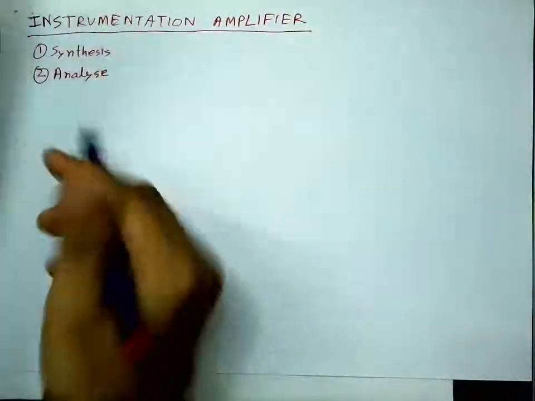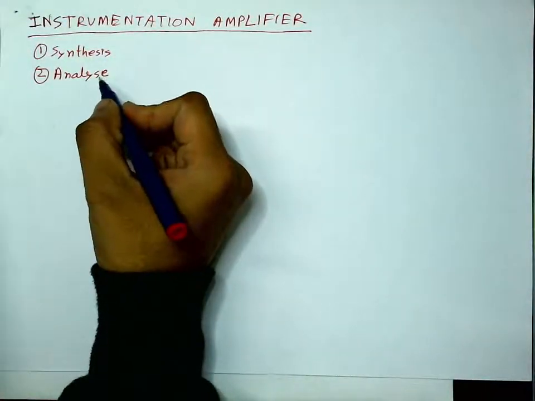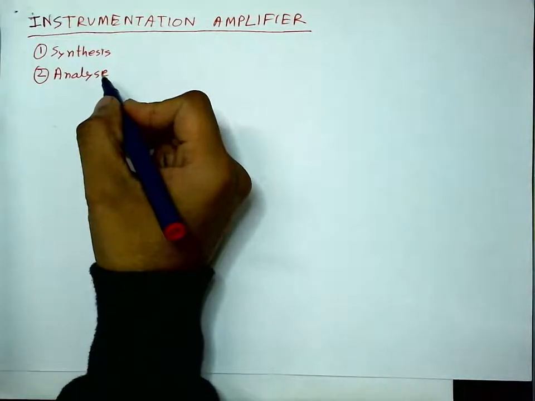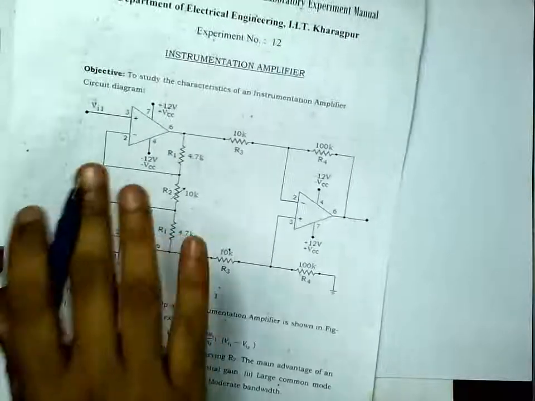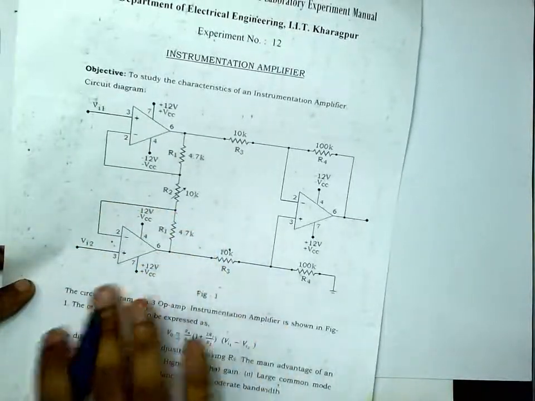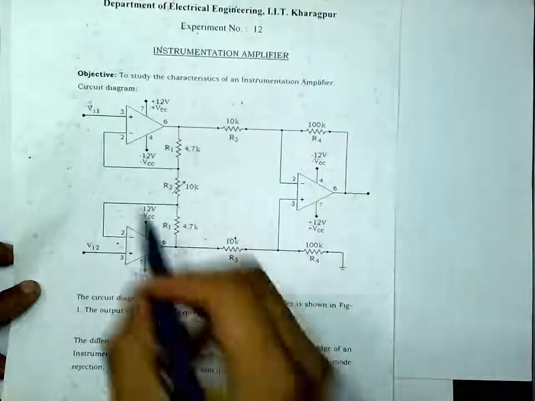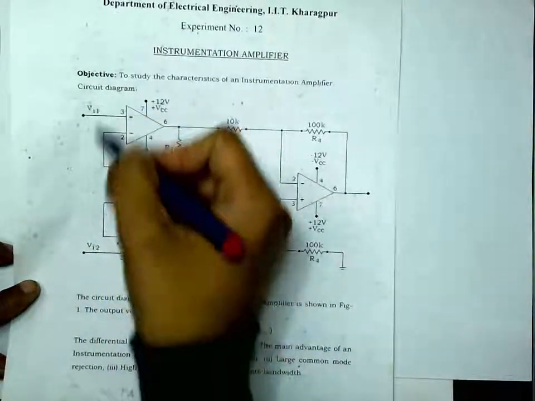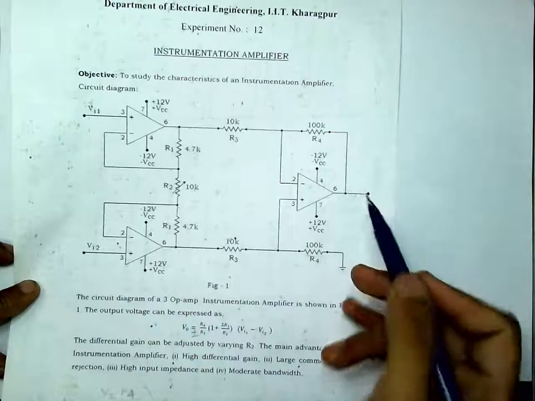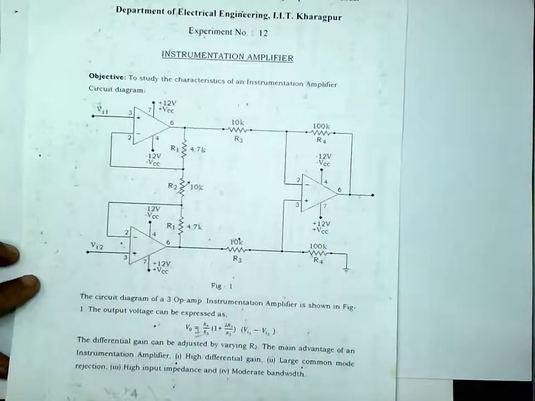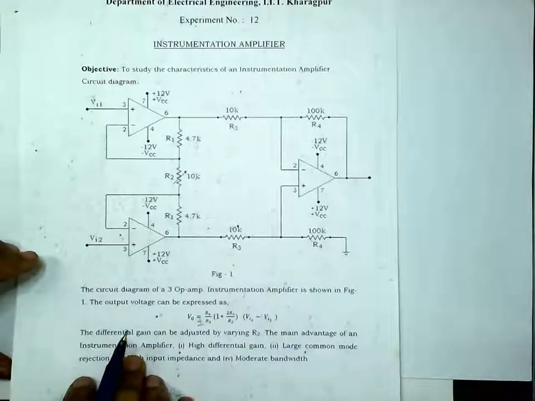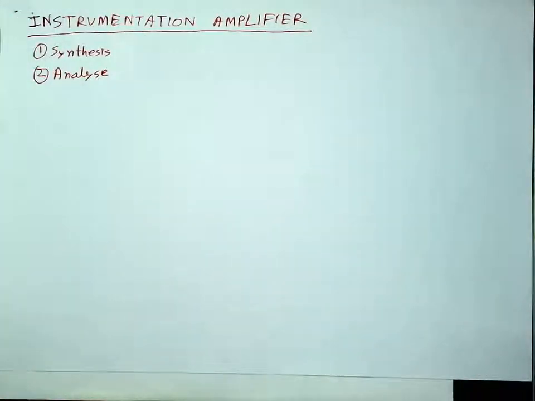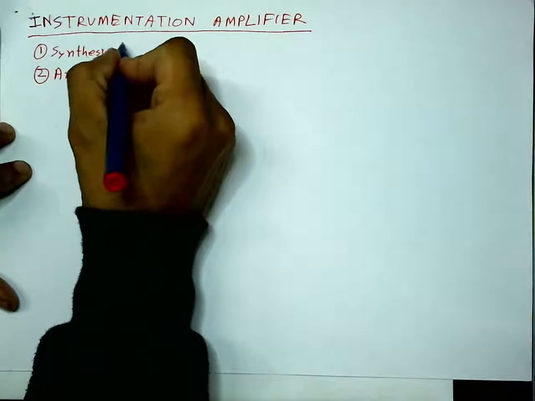I don't know, but here we will consider this circuit from an analyst's perspective. That is, this circuit is given to us, and we will think, okay, if two inputs are given at these two input points, how the output will behave. That will be our approach in this video. Okay, so let us begin our discussion.